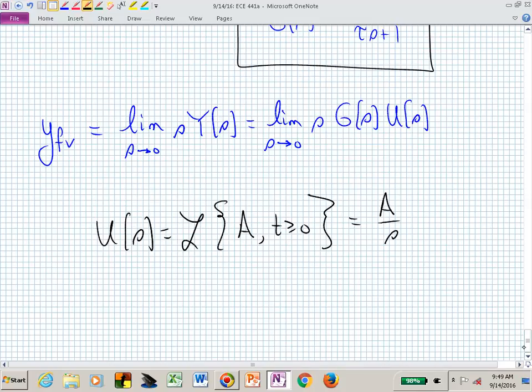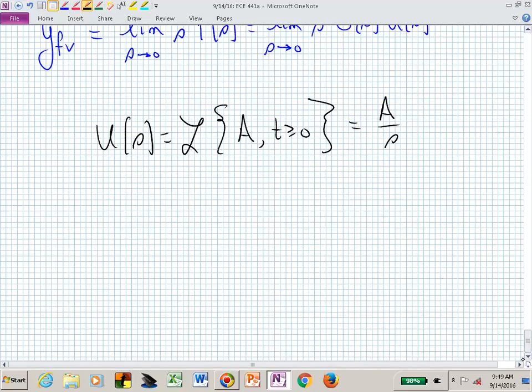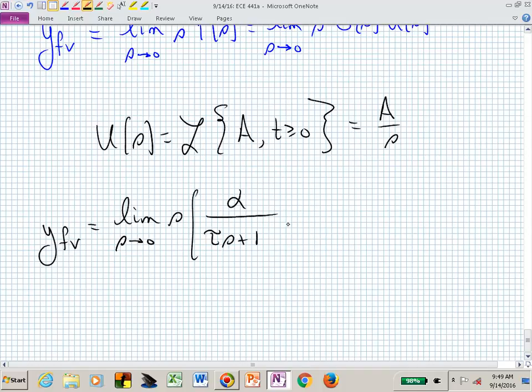We have G parameterized as alpha over tau s plus 1. We have capital U(s) is A over s, so that now we have Y sub final value is the limit as s goes to 0 of s times alpha over tau s plus 1, there's our G, times U, which is A over s. We can cancel those two s's.